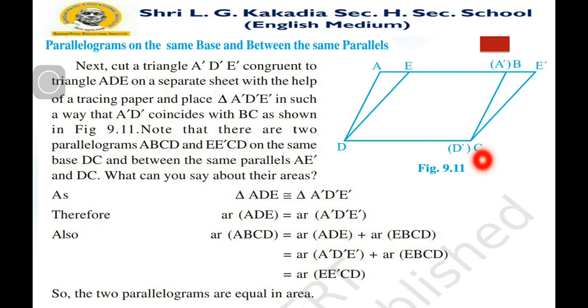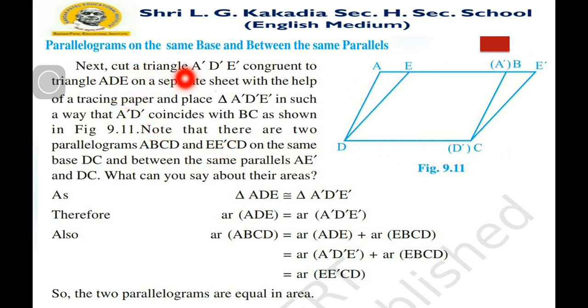Here you can see given two parallelograms ABCD and EFCD, or we can also denote it ABCD and E dash CD. So what will happen if two parallelograms have same base and between two parallels.